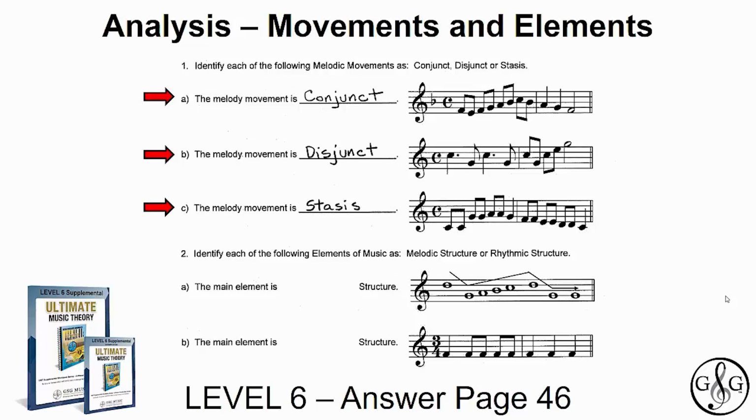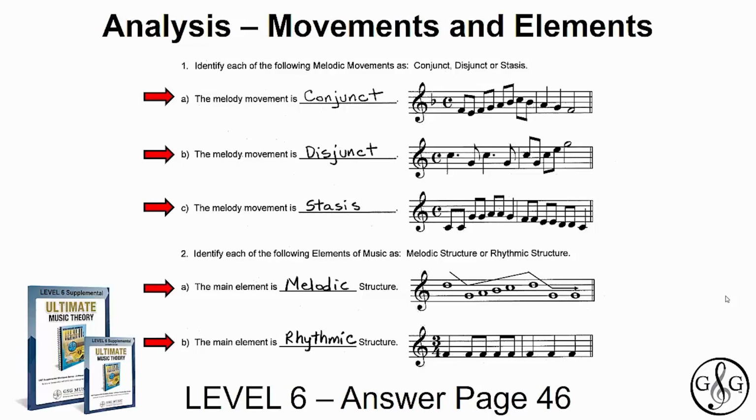So go ahead and write your answers in the chat box with me because it's nice to engage in participation when we're on our webinar together. So what is the main element? We see there's movement of the melodic line, so that would be melodic structure. And of course, the second one, there's no movement at all, so this would simply be the rhythmic structure.